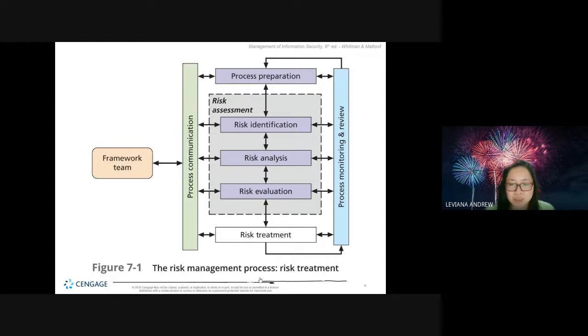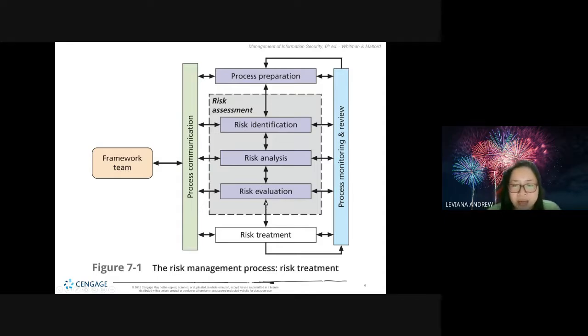So in the risk management process, the risk treatment, there is the preparation of the risk management, and then we need to assess the risk. That has been done in chapter 6. Then analyze the threat of the risk, what the impact factor of the risk is, and then evaluate how much the company will lose if the risk is not contained.